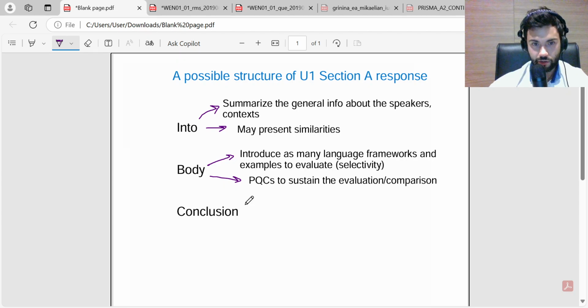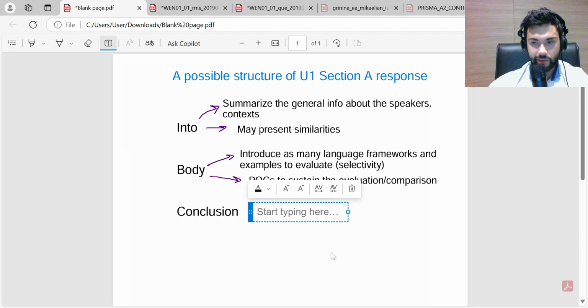Then, speaking of the conclusion, I believe it's a good idea not to forget to compare and evaluate the pictures the speakers want to build around themselves. So it's just one take on it.